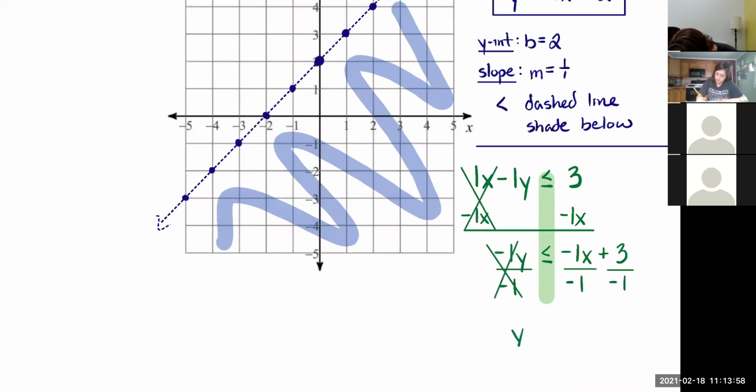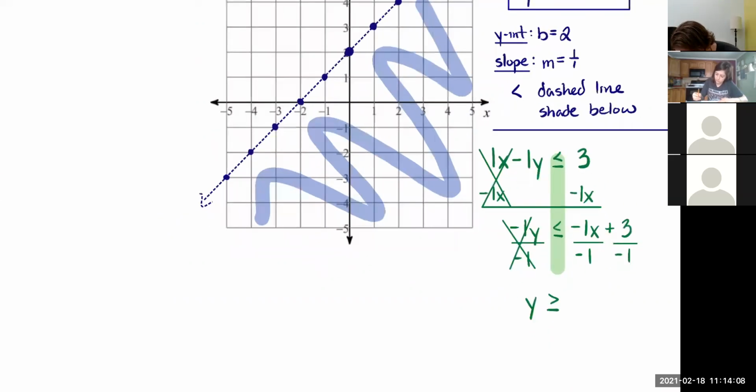So y is now by itself. I did divide by a negative, so I need to remember that that less than or equal to symbol is now going to flip and become a greater than or equal to symbol. Negative 1x divided by negative 1 is going to give me a positive 1x, and 3 divided by negative 1 is going to give me a negative 3.